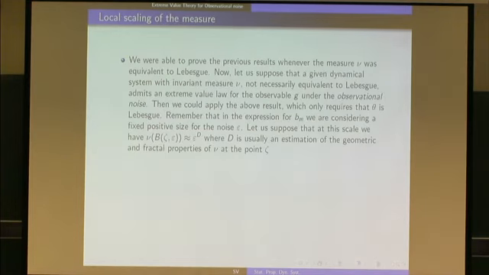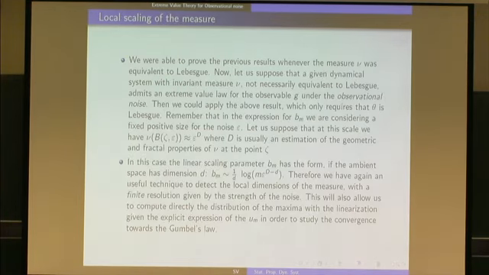This is what experimentally we can do with this kind of technique. Basically, we take some point, and we go to a finite resolution of the noise, and we look at the BM in such a way that this BM could contain information about the scaling of the measure of this event around this point at a finite resolution, and this gives us some information on this exponent here, which is related to the fractal local dimension, but it's not this one because we didn't go to the limit, but still it is something related.